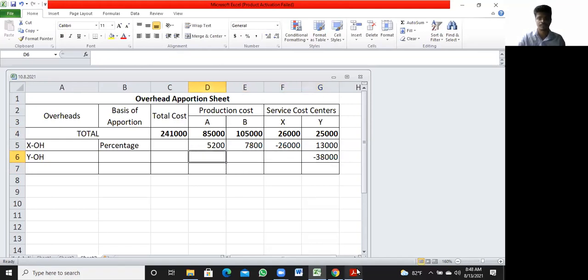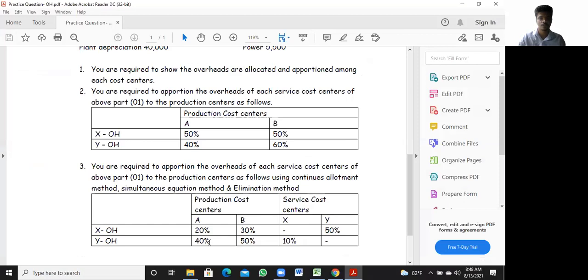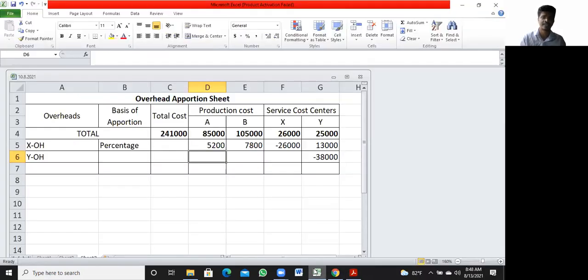Then we have the given percentages: 40% for A, 50% for B, and 10% for X.